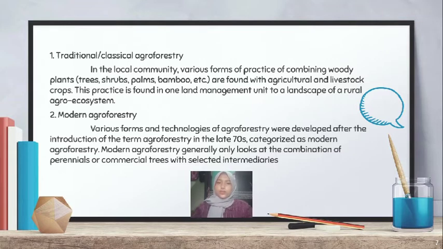In contrast to traditional and classical agroforestry, part of the traditional system may no longer be present in modern agroforestry. Some examples that can be found in several areas in Indonesia are various models of intercropping.